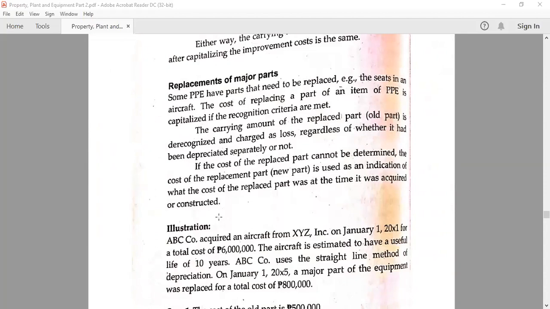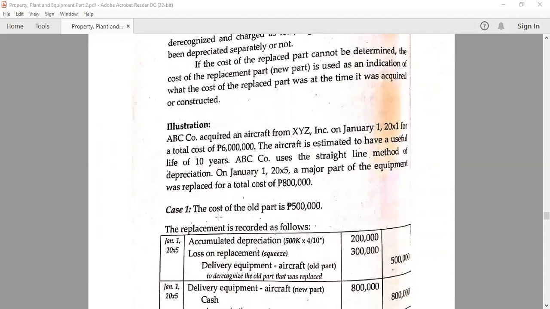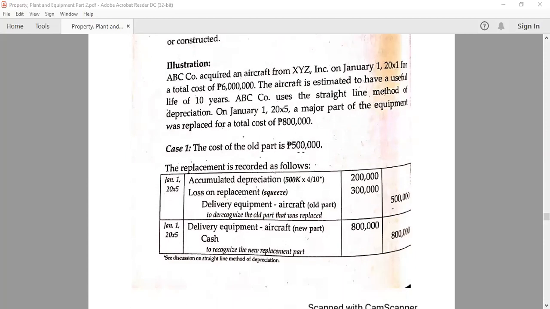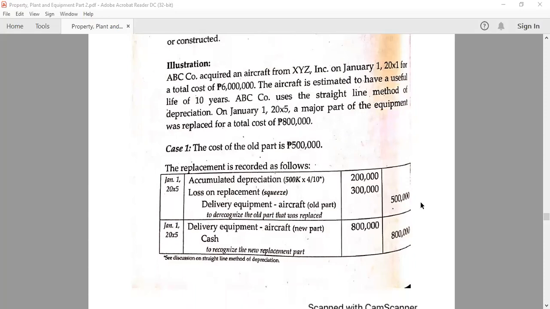Next, replacements of major parts. What if, for example, we replace a major part of an aircraft? In this example, it's not stated what part, but it's a major part, and the cost is 800,000. So what we can do then is, in case one, the cost of the old part is 500,000, so that's a credit.